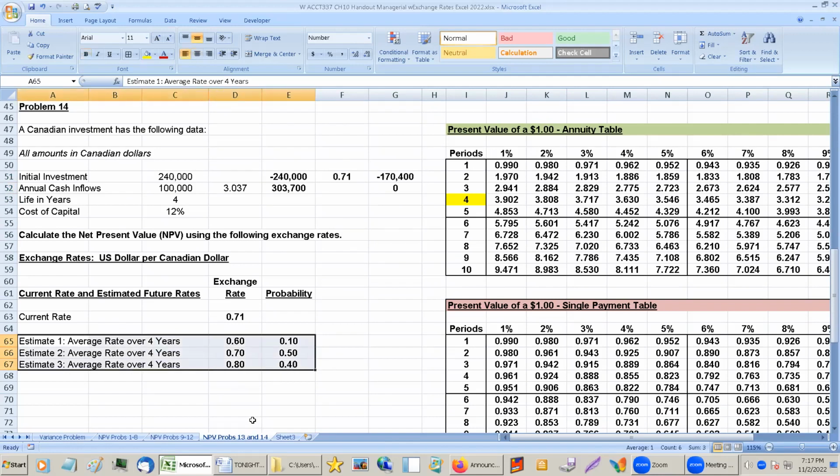And down here we have, sometimes we'll do an estimate based on probability. And that's what we have down here. There's a 10% chance we think the rate will be about 60, 50% chance it'll be about 70, and a 40% chance it'll be about 80. So what we're going to do is multiply these out.